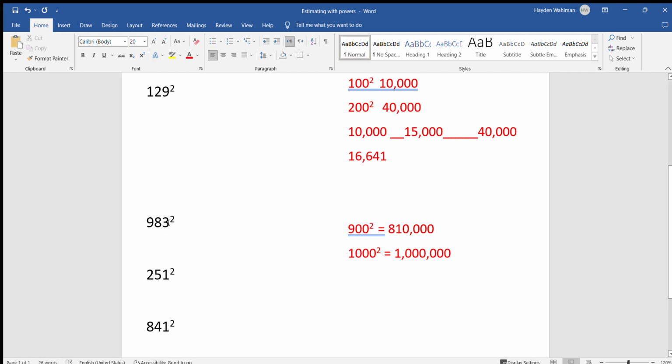Now, 983 is closer to 1,000, so we know the estimate is gonna be near the upper boundary, near 1,000,000. I'm gonna guess something closer to 1,000,000 than 810,000.